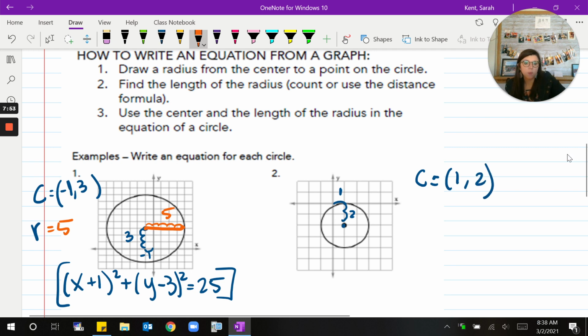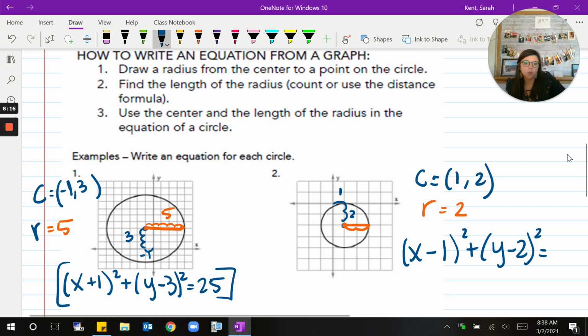And then for the radius, I want from the center to the edge. So that's 1, 2. For my equation, I would have x minus 1, my x is 1, squared, plus y minus 2, my y is 2, squared, equals r squared is 2 squared, and 2 squared is 4.